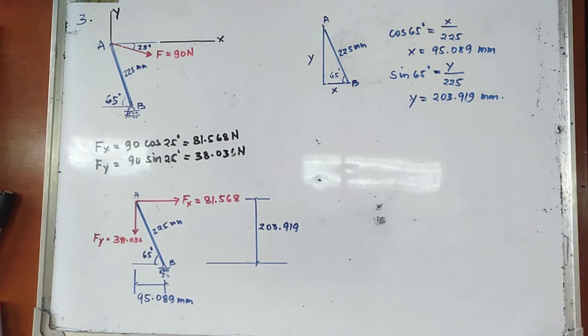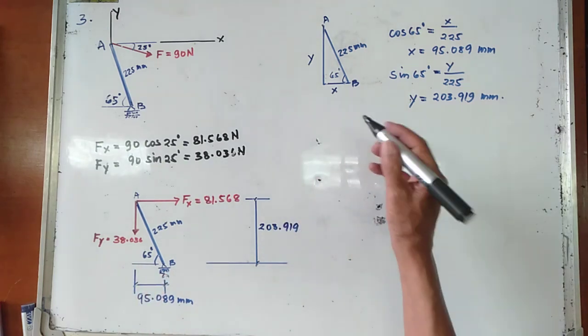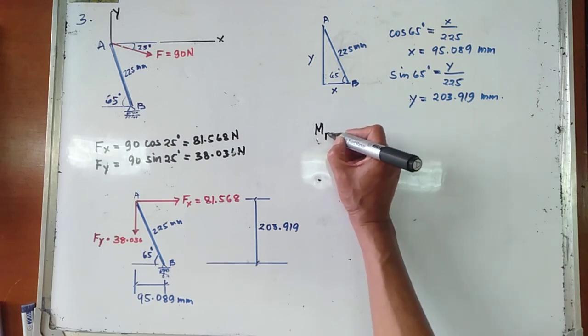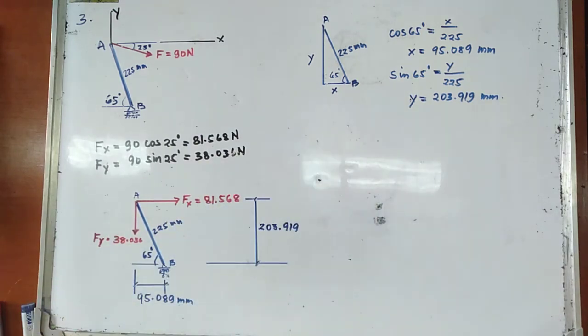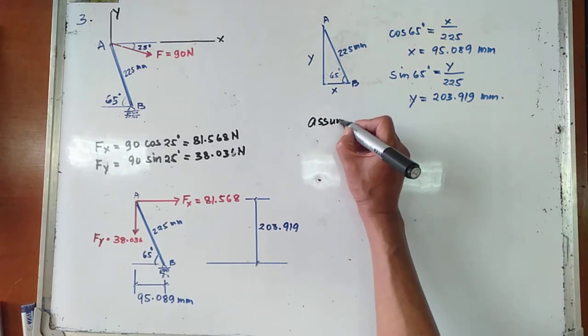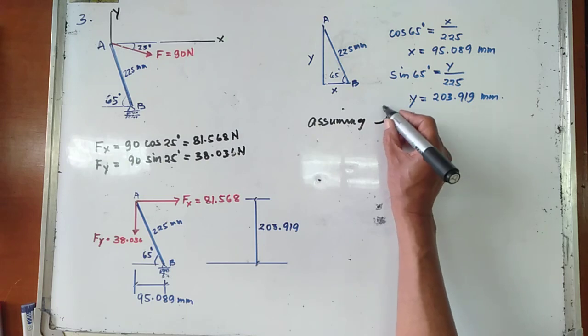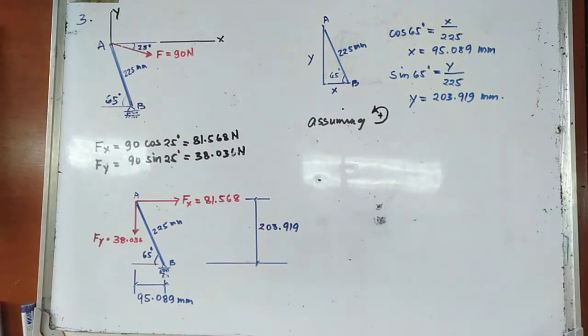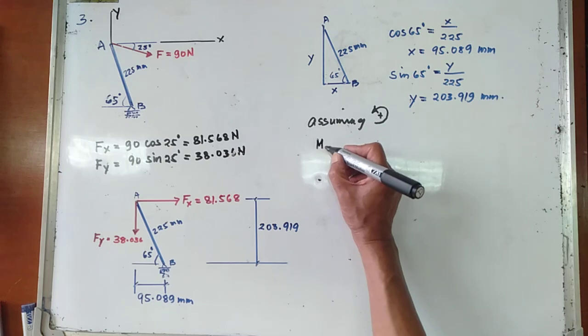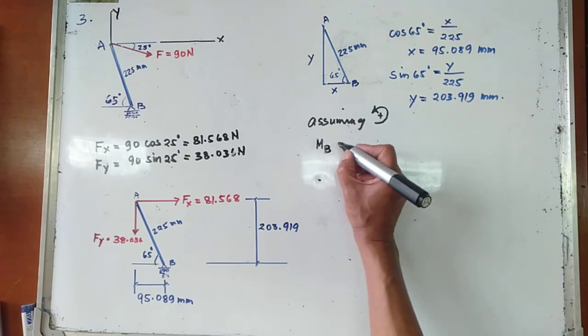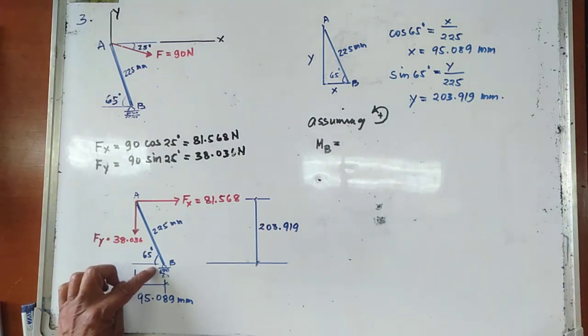Now, again, let us try to get the moment about point B. So the moment of the first F about point B, assuming counterclockwise moment as positive, is equal to the sum of the moments of its components about point B. So this is the moment center.